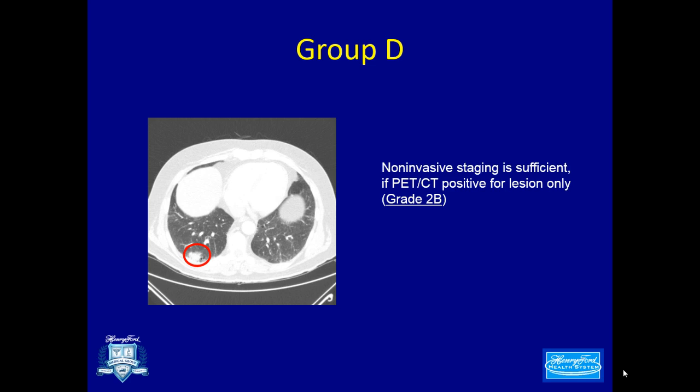Non-invasive staging is sufficient by the guidelines so far. There's still not enough data that supports performing mediastinal staging in these patients. So if the CT scan and PET scan show lymph nodes that are less than 1 centimeter and are not hypermetabolic, the patient goes straight to surgery.